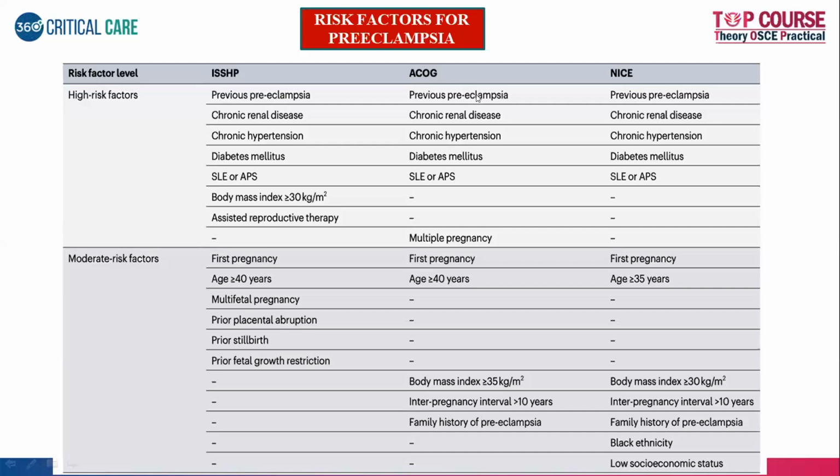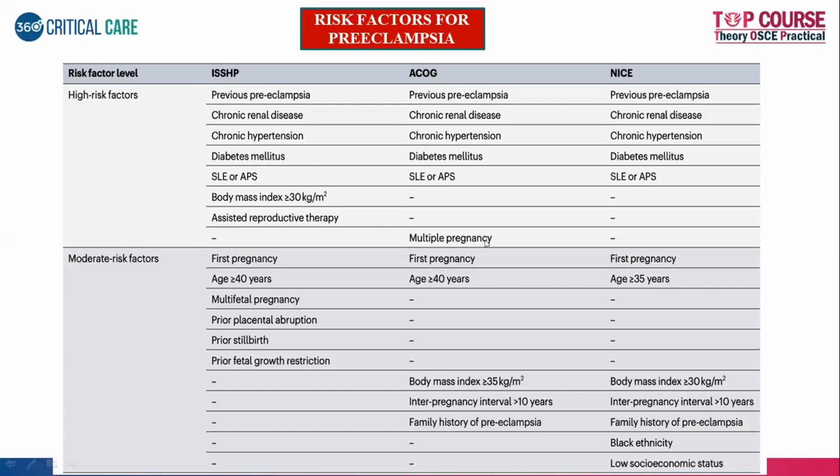Any history of previous preeclampsia, chronic renal disease, CKD patients, chronic hypertension, diabetes mellitus, or autoimmune disorders like SLE or antiphospholipid syndrome. These are the high risk factors. And even multiple pregnancies is also a high risk factor for preeclampsia.